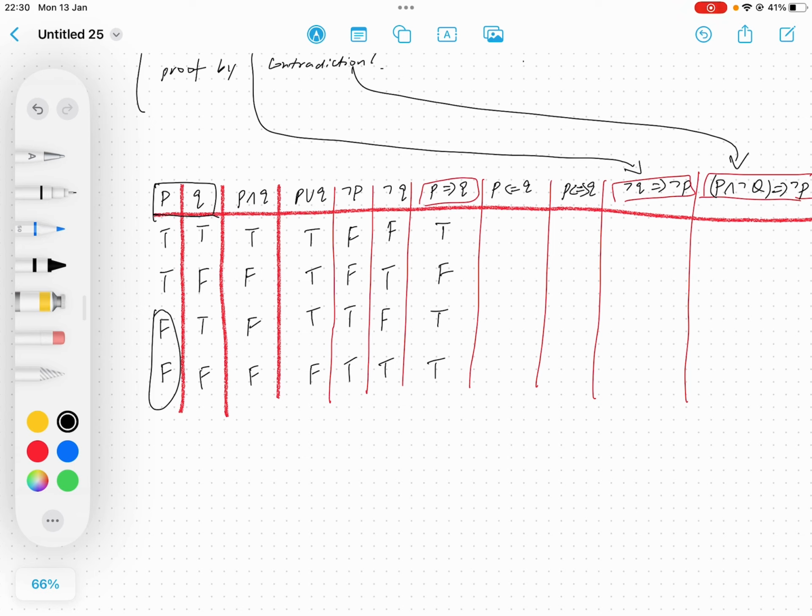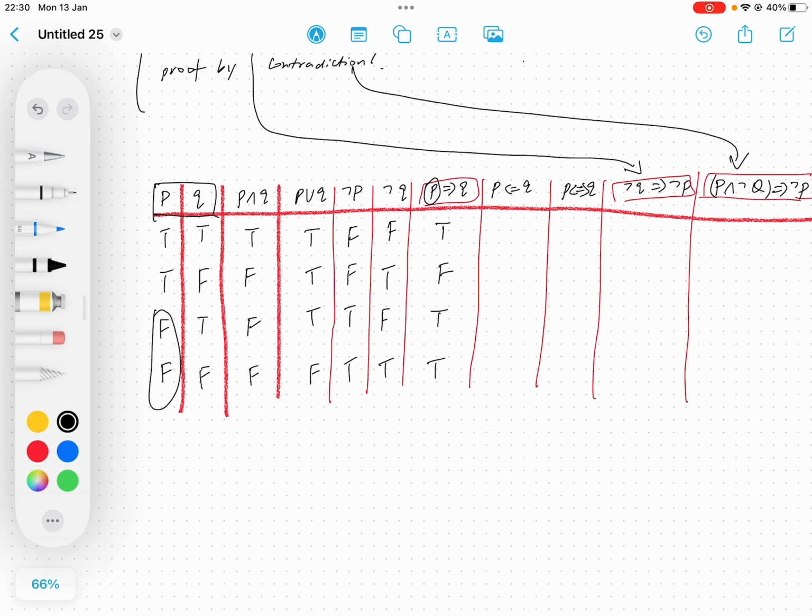By default, our assumption or our condition of this P is false, so we don't have a true P to be able to say something about Q, right?